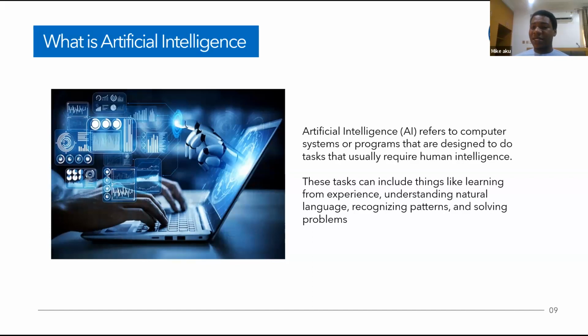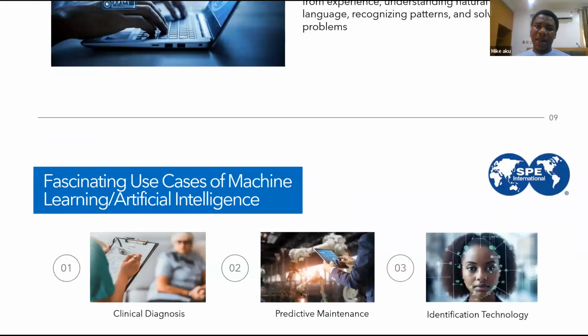So an AI system is actually a system that interacts with humans and is able to provide insight, recognizing patterns and problem solving, basically.